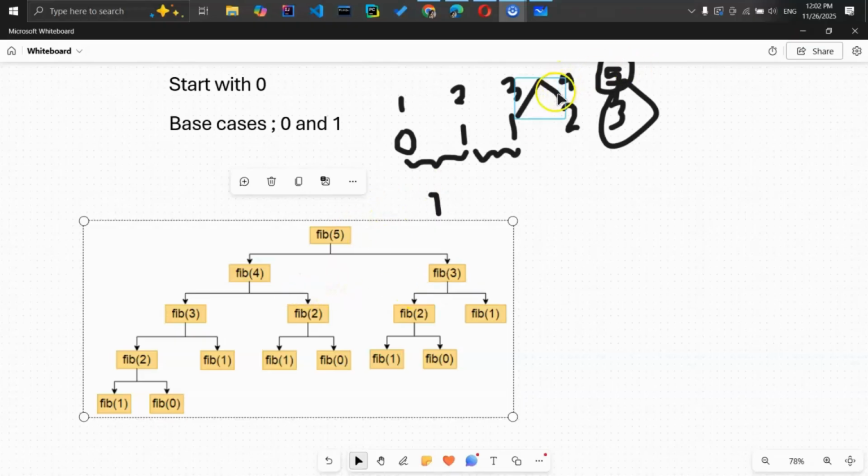Fibonacci 4, we can get as the sum of Fibonacci 2 and Fibonacci 3, right? Then 3, we can get through the sum of Fibonacci 1 and 2, right? I think you can understand this series, right?